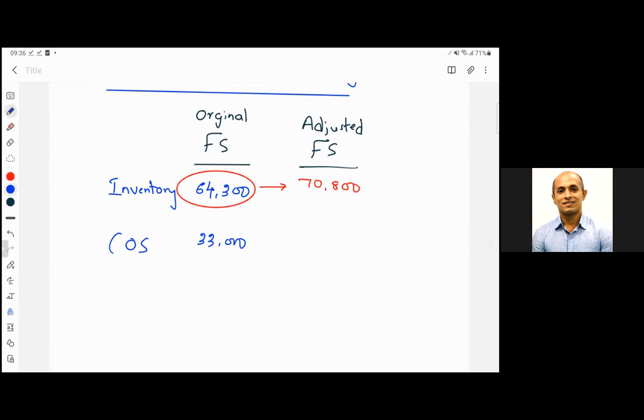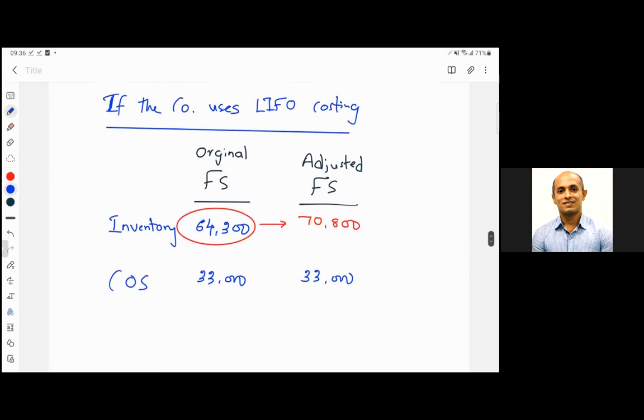Cost of sales, same. Because we don't need any adjustment under LIFO method. Under LIFO method, cost of sales at current cost. So you need to adjust only the ending inventory value. So let's calculate.